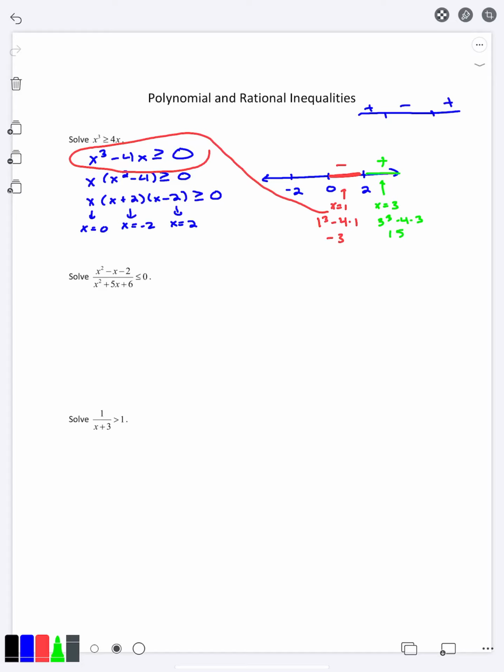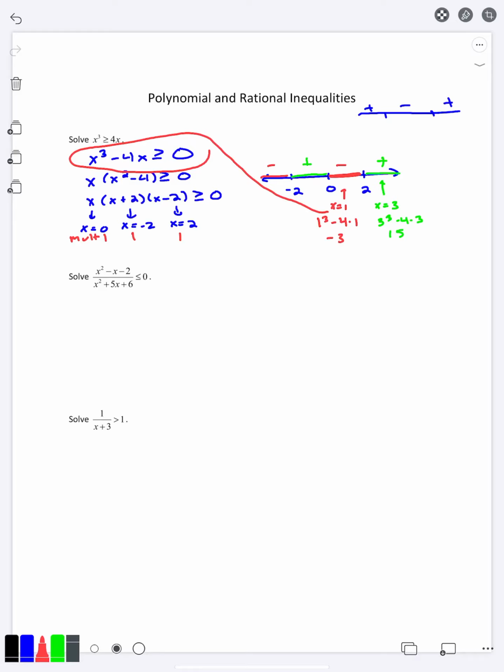And you can keep trying numbers. So for example, you try negative 1 here, it's going to be positive. And then if you go ahead and try negative 3, you're going to get negative. Now I know that without trying it because what are the multiplicities of each one of these numbers? All of these have multiplicity 1.